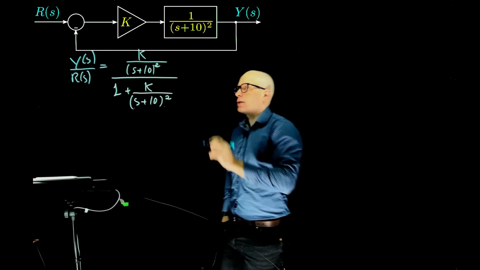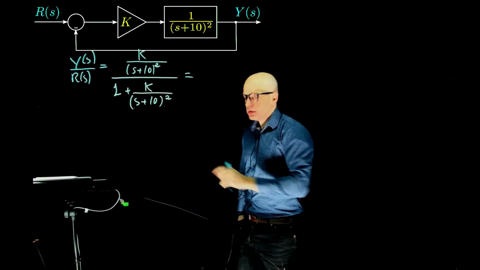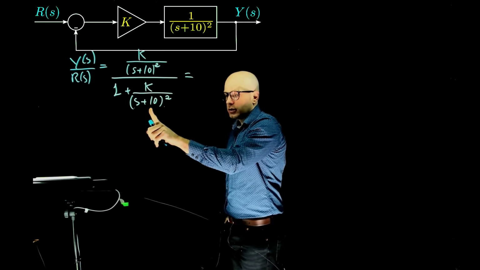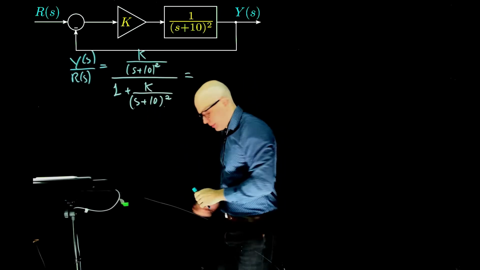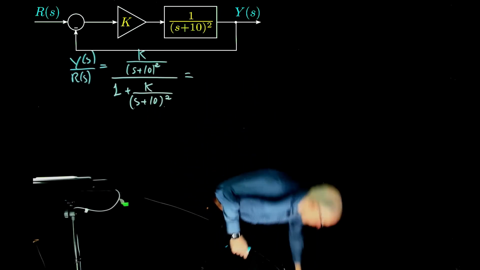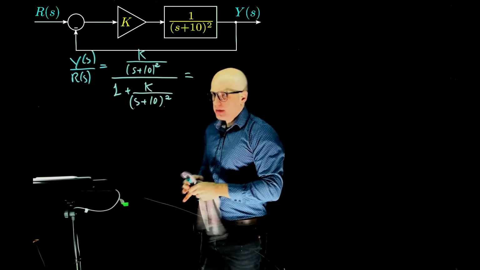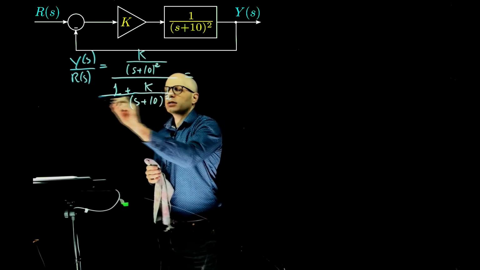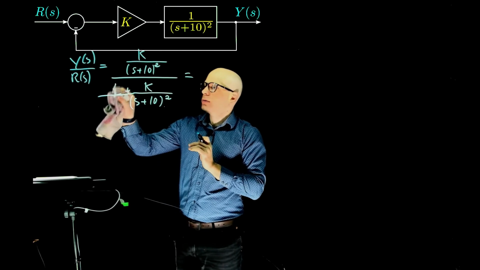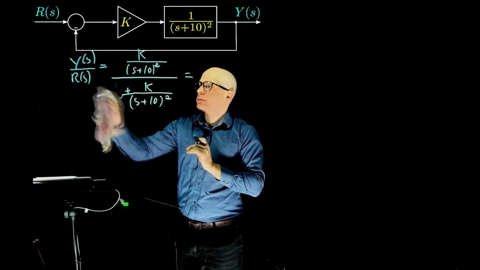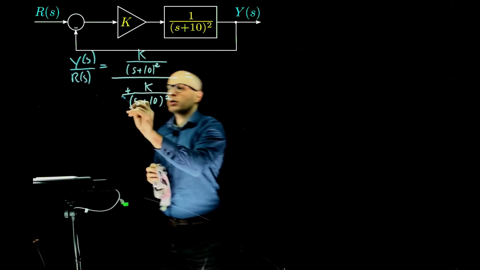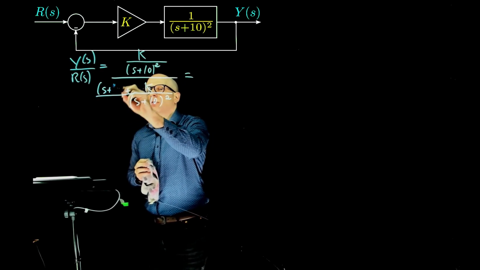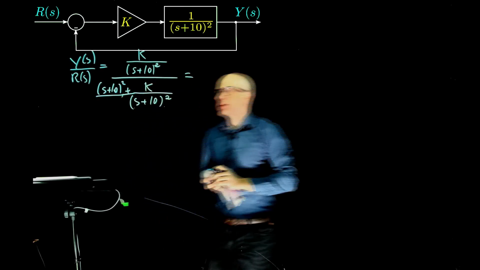And this simplifies. To find a common denominator here, the common denominator is (s plus 10) squared. So we can extend this, multiply 1 here by (s plus 10) squared, and that will give us that.